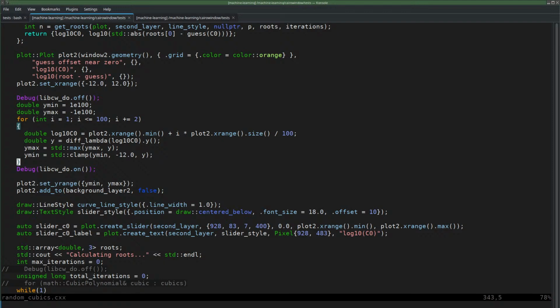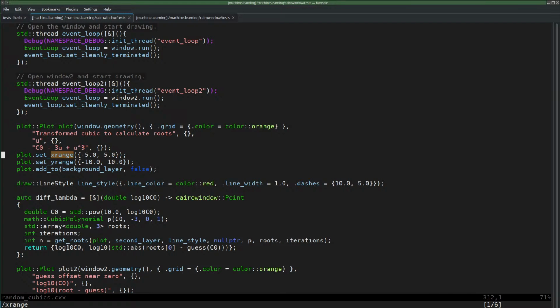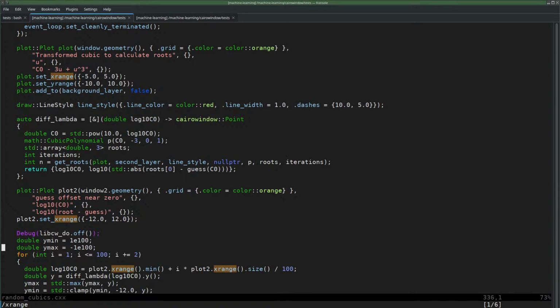Do I already have something that uses C0? It's the X range. This is U. And this is the log 10. I have the feeling that maybe I want to still see them.